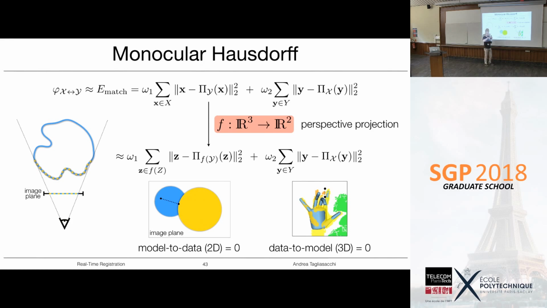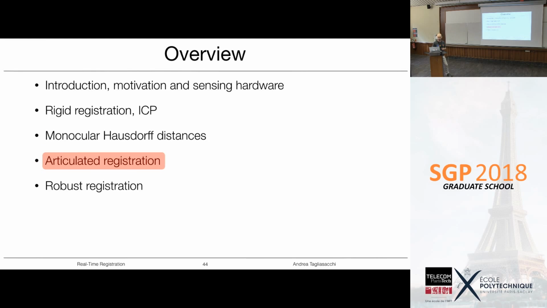It will generate a signed distance function image. And now the only thing you need to do to evaluate this energy is query, again, an image, and you're done. So it's super fast. I think for a 1 megapixel image, it was running in like 200 microseconds, so 0.2 milliseconds.